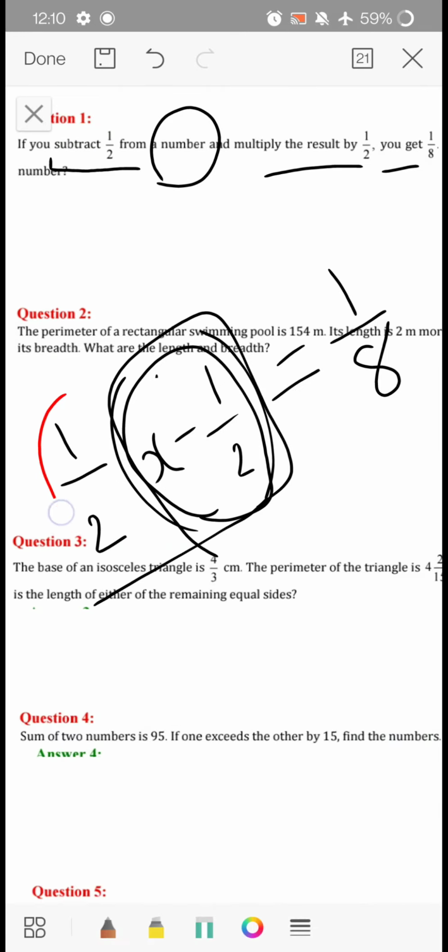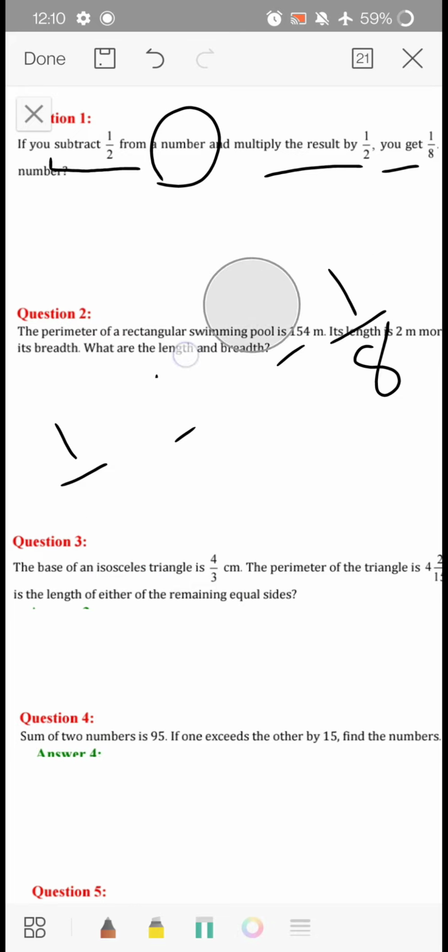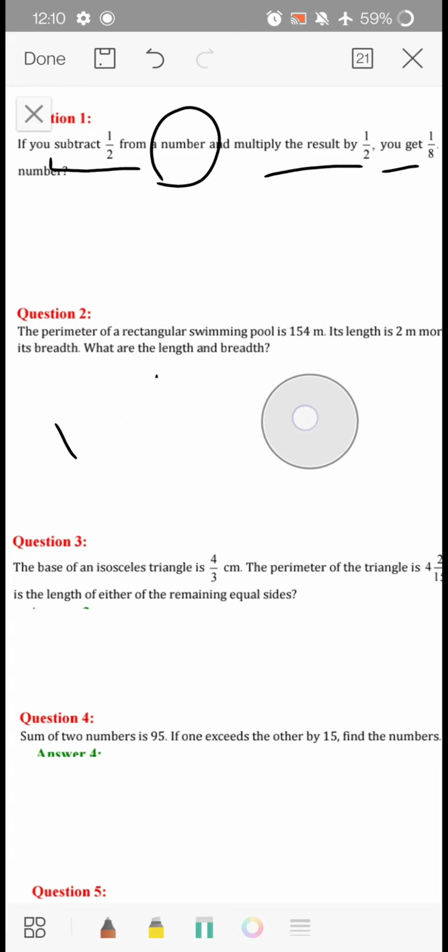So I have multiplied it by 1/2. You get 1/8, means the result is 1/8. Okay, so I got the equation. Now we have to solve the equation.